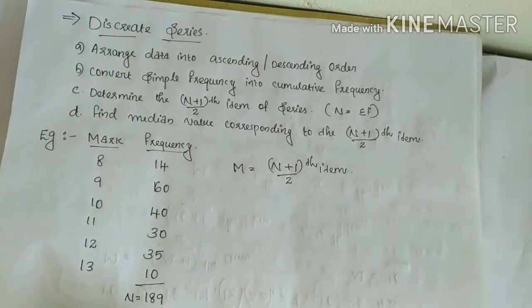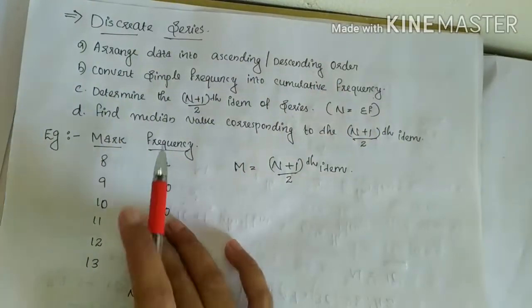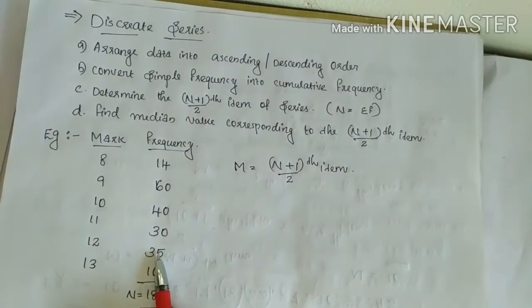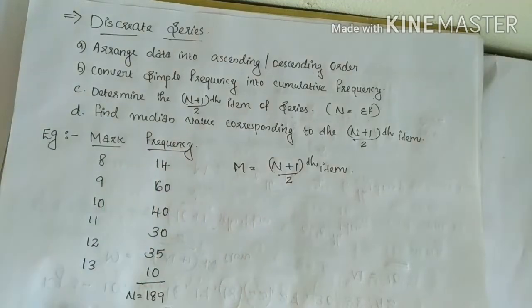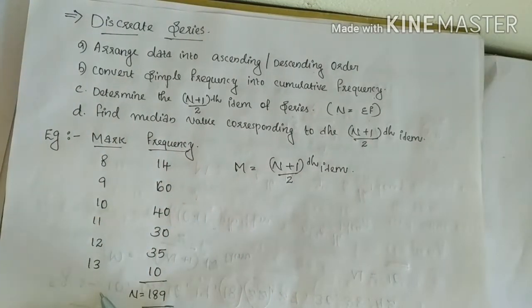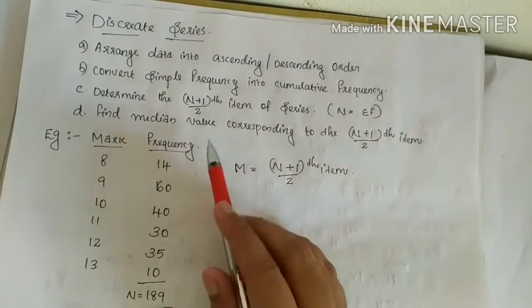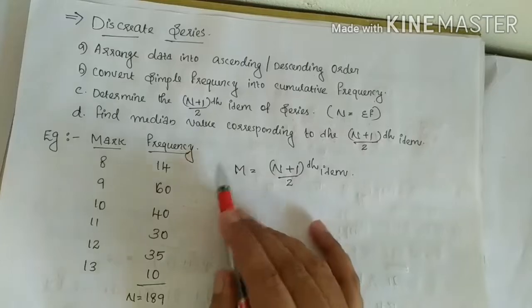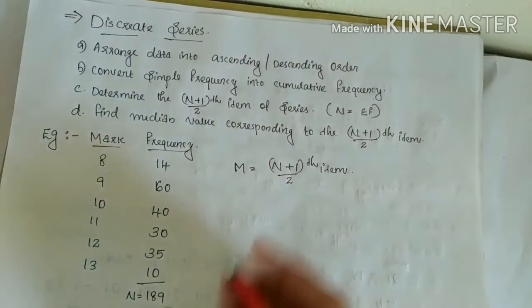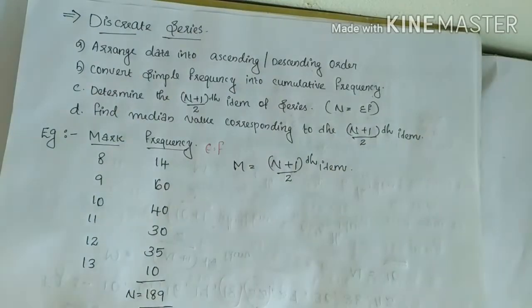The first step is that you have to arrange the series in ascending or descending order. Here the values of x and frequency are given. Here the series is already arranged in ascending order, so there is no need to arrange the series. The second step is to compute the cumulative frequency. What is cumulative frequency?